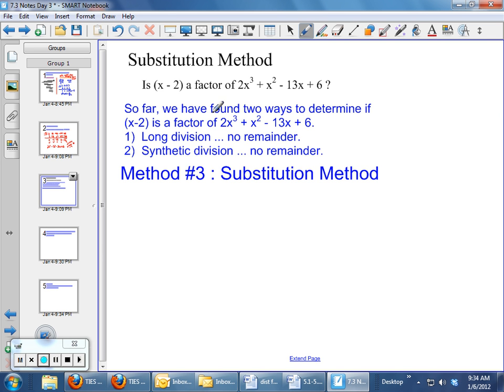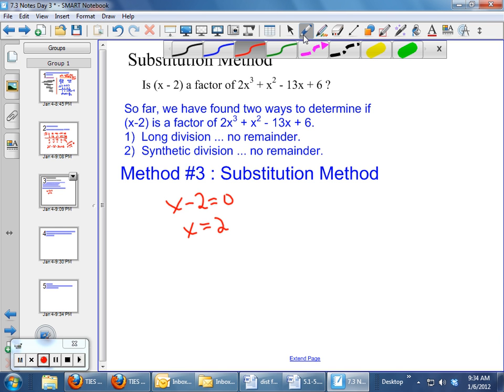So what we're going to do is figure out what the 0 of x minus 2 is. So x minus 2 equals 0, that would be 2. So that's going to make this thing 0. So we're going to put 2 in for x into every one here. I'll change colors up here.